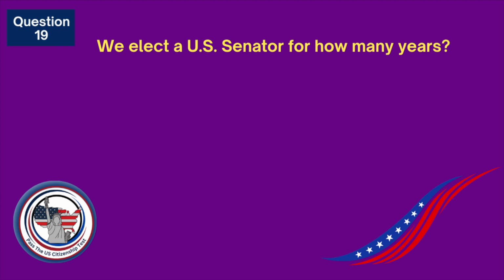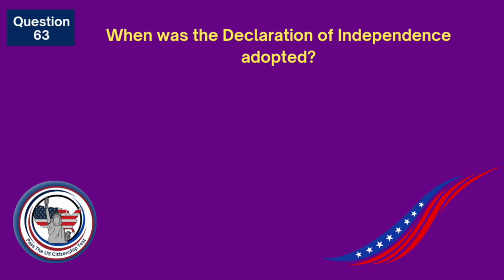We elect a U.S. Senator for how many years? Six. When was the Declaration of Independence adopted? July 4, 1776.